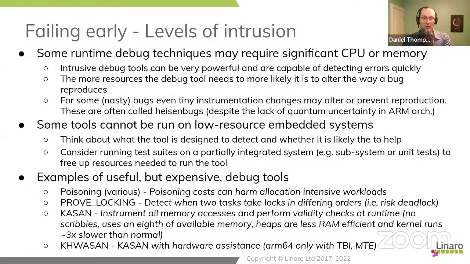In this case, we end up using 1/8 of available memory simply to manage the validity structure. The heaps will become less RAM efficient because they have to leave spaces to have invalid gaps between all the allocations. And with the instrumentation, the kernel ends up running about 3 times slower than we normally would.